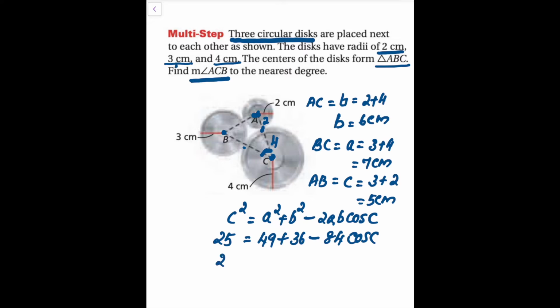Now you just need to solve this equation. So 25 is equal to, if you add those two, you will be getting 85 minus 84 cosine C. So when you rearrange, you will get 84 cosine C is equal to 85 minus 25, which is 60.